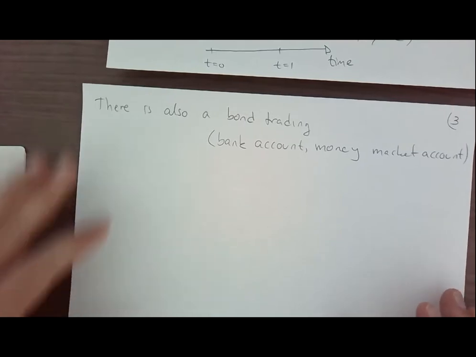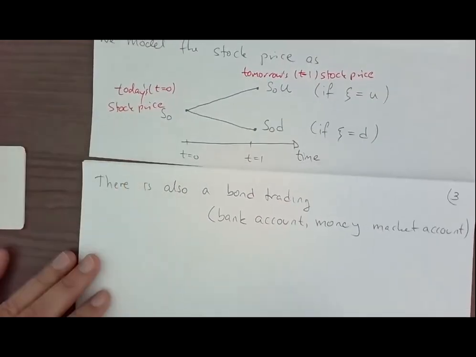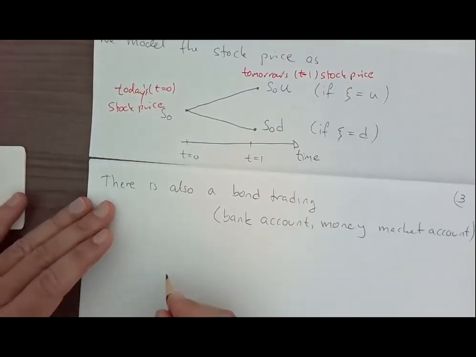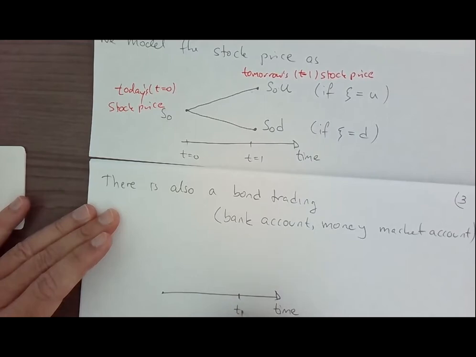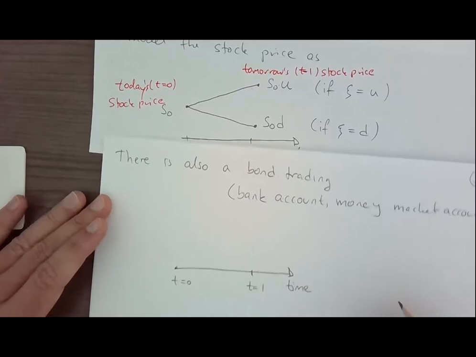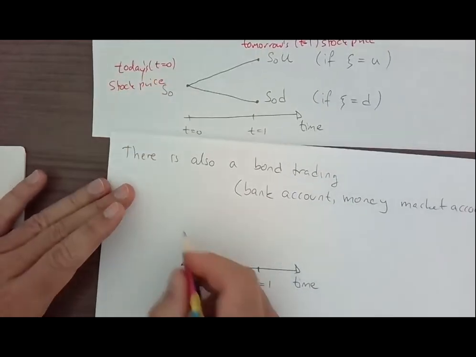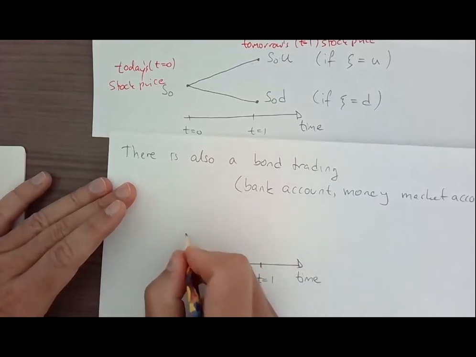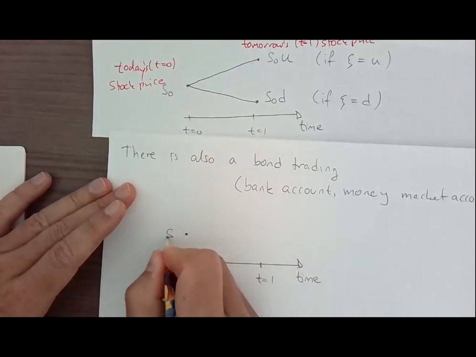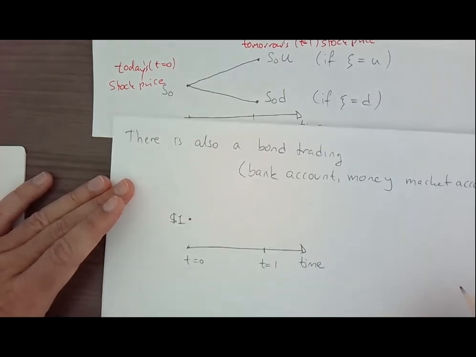And the difference between the bond and the stock in the binomial model is that if I look at the bond price, we're again going to have time, and then we're going to have t equal to 0 and t equal to 1. For the bond, we will say that the bond price today is just $1.